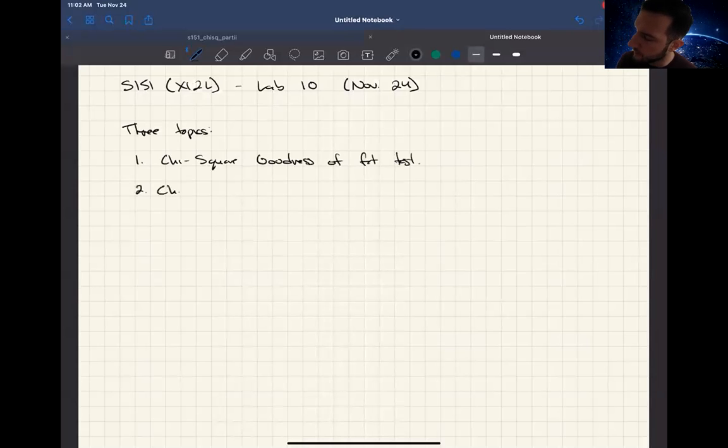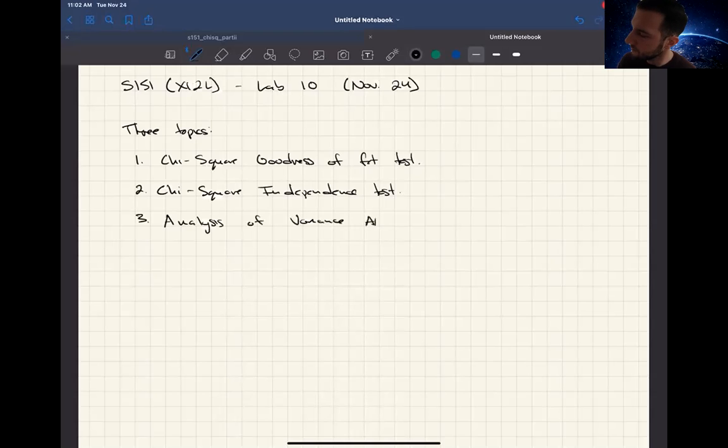Two, the chi-square independence test. And three, analysis of variance, ANOVA. Okay, so those are the three topics that are on the table.